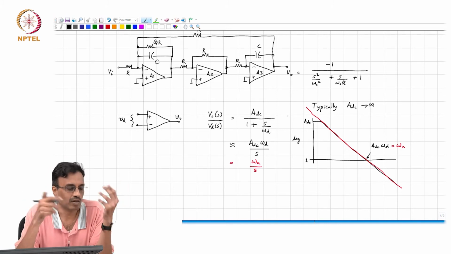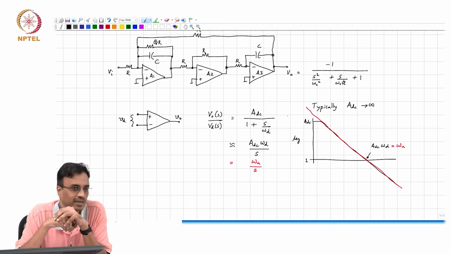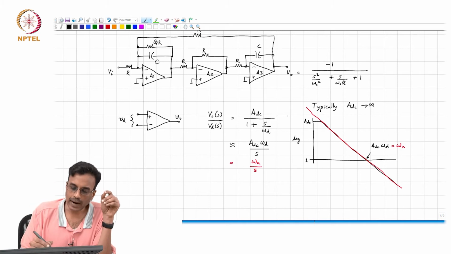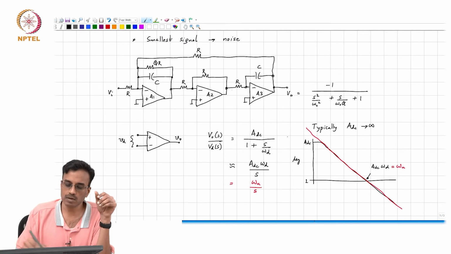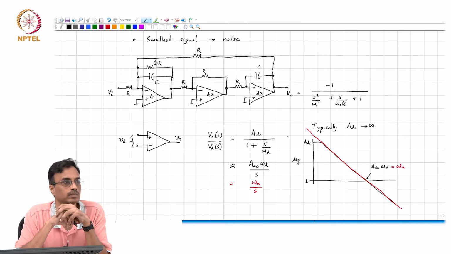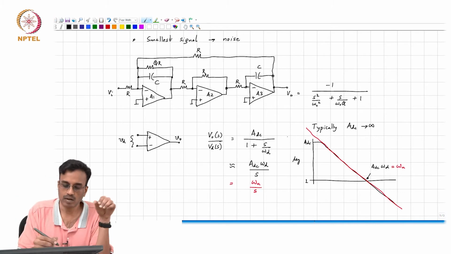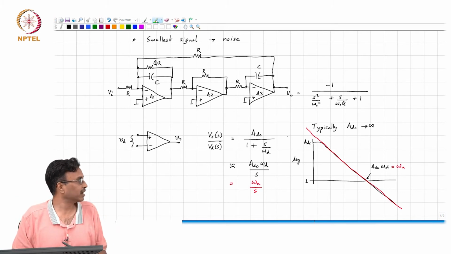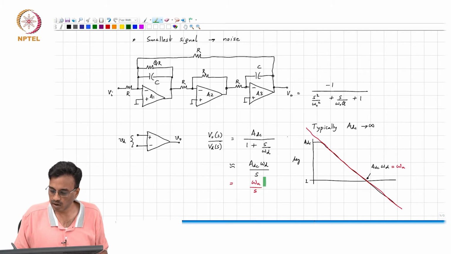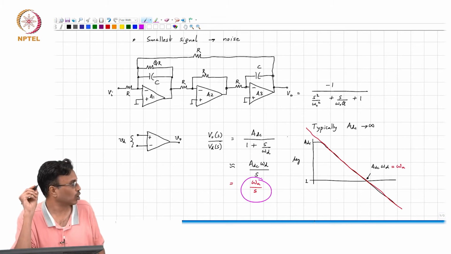We should expect that there will be some change, right. For one, if the op amp was ideal, what comment can we make about the order of the system? Second order, right. Now, we thought the op amp was ideal and had infinite bandwidth, but it unfortunately turns out that the model for the op amp is actually that it has a frequency dependent gain given by omega u over s.